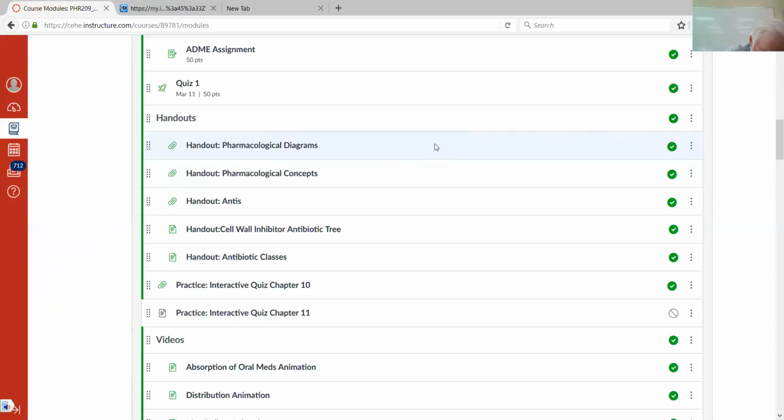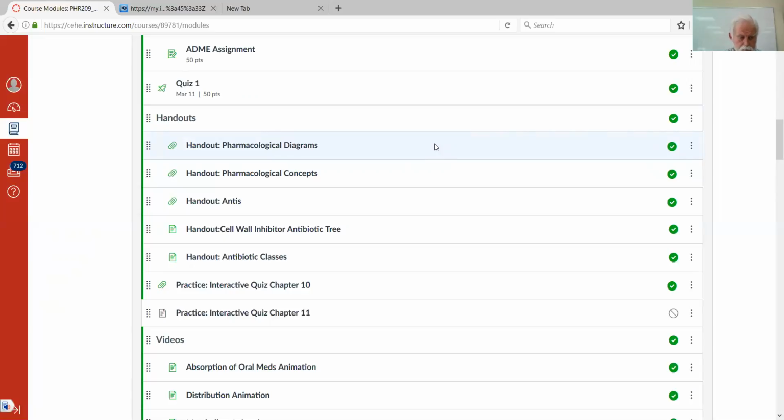The term anti here is a term that unfortunately is applied broadly. We have antihistamines, we have antipyretics, we have anti-arrhythmics, we have antihypertensives. All anti means is against.